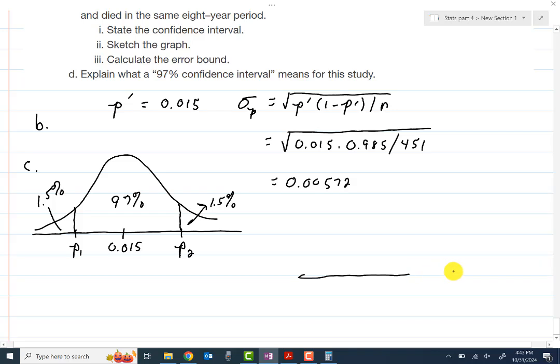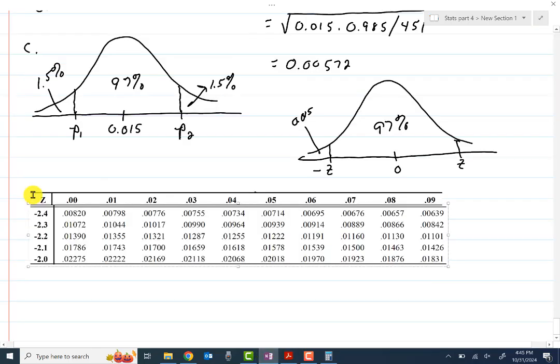So we'll go to the standard normal table. It will look something like this. 97% will be trapped between those two z values. So I'll look up 0.015 in the table to get that particular z value. Here's the relevant section of the table.